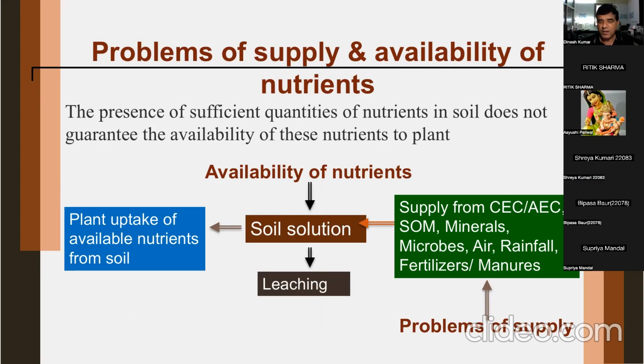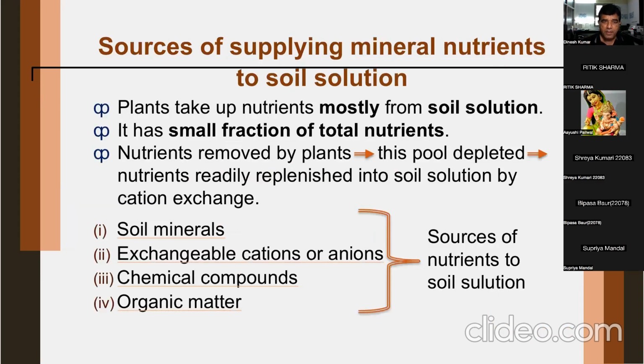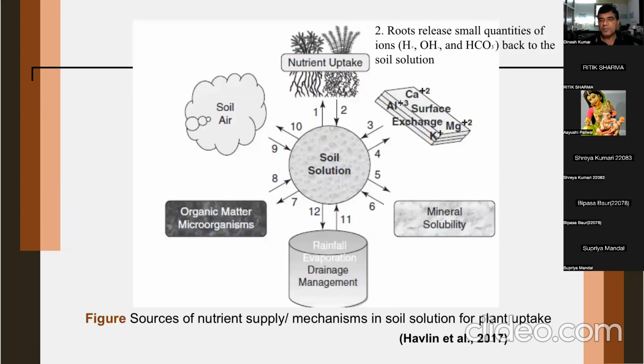There are several pathways for losing nutrients from soil solution, and also nutrients are replenished through different sources. And you have seen these sources already. You can see soil minerals, exchangeable cations, anions, chemical compounds, and organic matter are the sources to supply. And you have also seen this picture. This tells input and output from the soil solution.